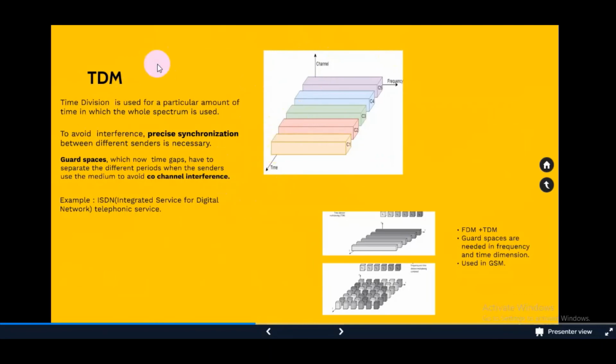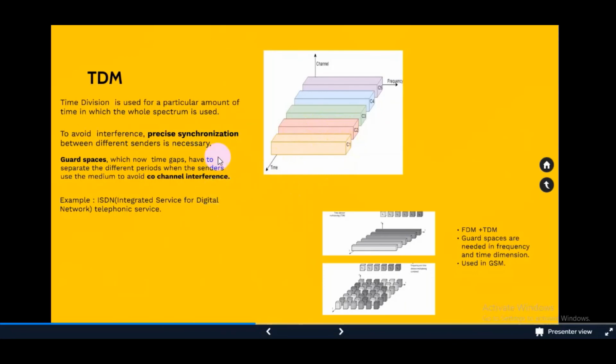Like the previous two multiplexing techniques, we have the guard space concept introduced here, wherein two channels that are transmitting should not interfere, and in order to avoid co-channel interference, the guard space is necessary.